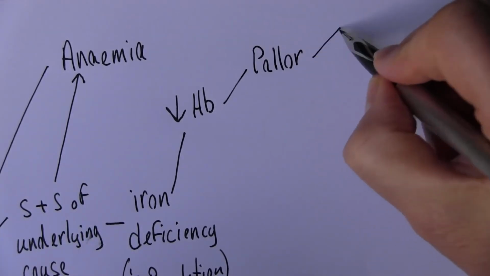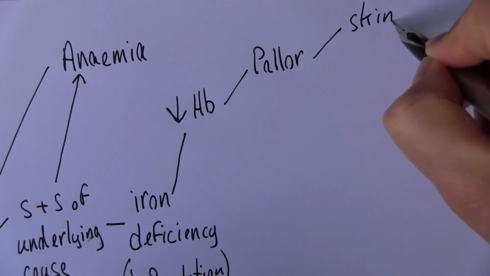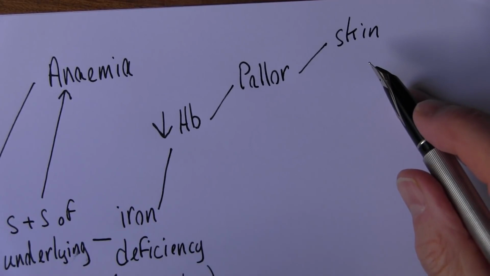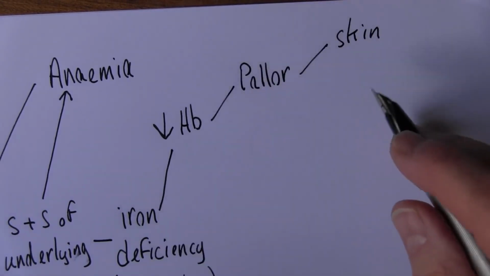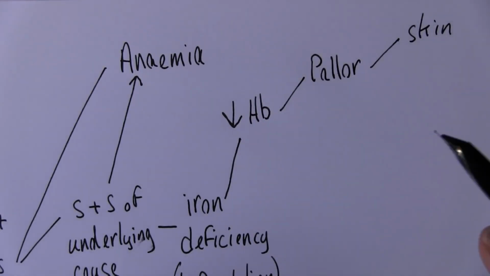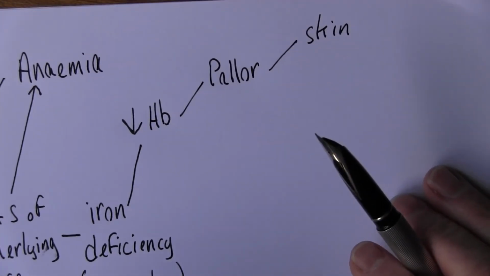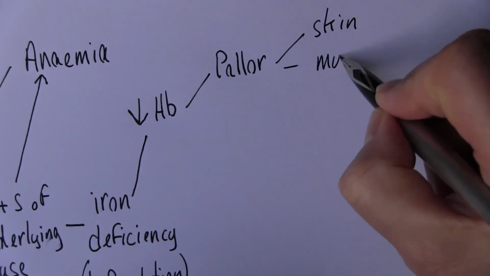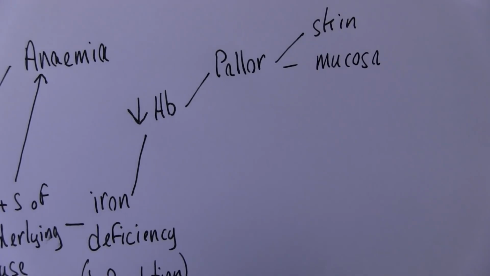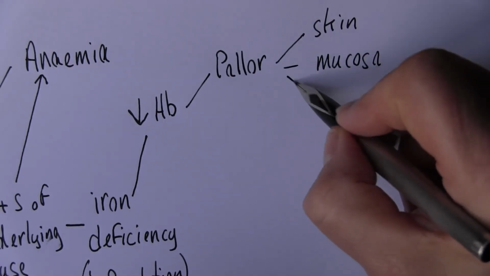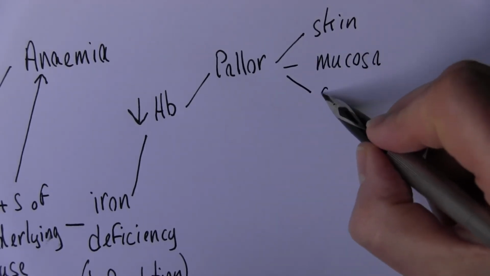And we're going to see this in the skin. So in iron deficiency, the person looks pale. And we're going to get these features regardless of any features of anaemia. These are as well as any features of anaemia that might be present. Paleness in the skin, paleness in the mucosa. So looking inside the mouth, for example, the lips can look pale. Classic one is the conjunctiva.